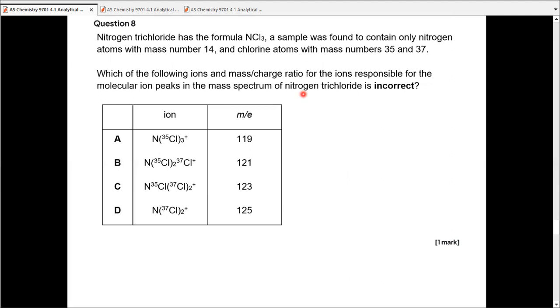Pretty simple calculation. It's extremely simple. 35 into 3, 105. 105 plus 14, 119. It's the simplest calculation there is. This I considered as the incorrect answer because we are supposed to find an incorrect option as the correct answer. So this never seemed to be the answer to me.